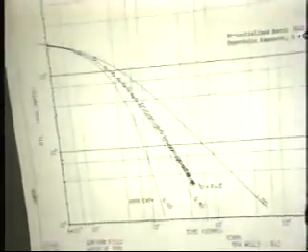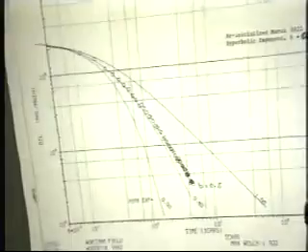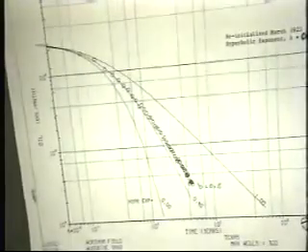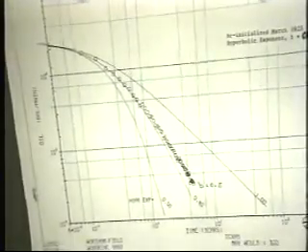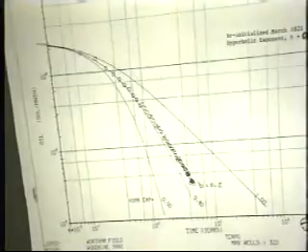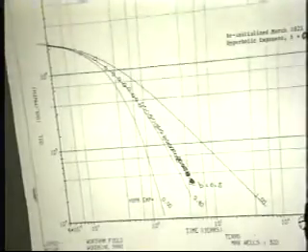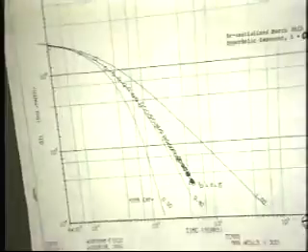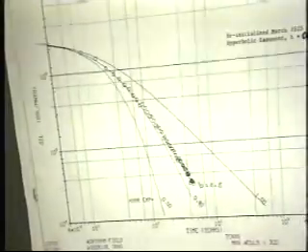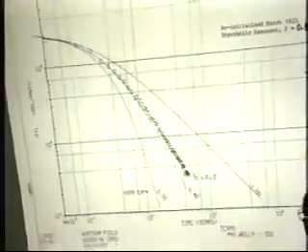Arps' example in his original paper of a hyperbolic decline is a well with a B of 0.5. When you dig into it, it's from the Arbuckle in Kansas, which is a carbonate with full water drive. It's a B of 0.5.